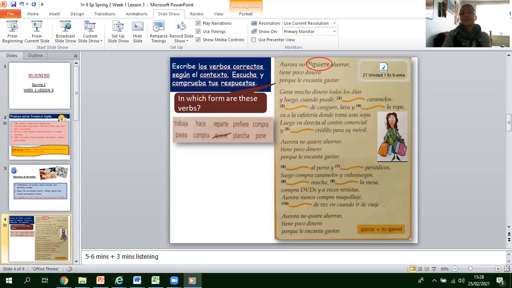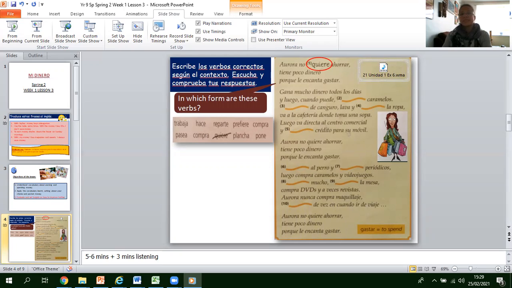Luego va directa al centro comercial y compra crédito para su móvil. Pasea al perro y reparte periódicos. Luego compra caramelos y videojuegos.